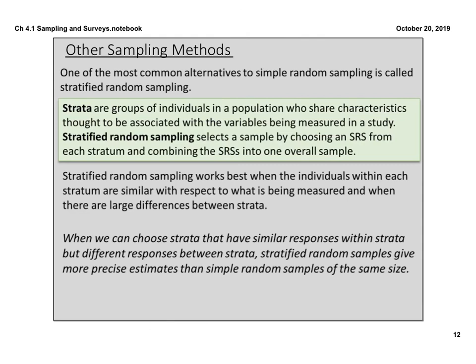So other sampling methods, one of the most common alternatives to simple random sampling is called stratified random sampling. Strata are groups of individuals who share characteristics that are associated with the variables that are measured in the study.